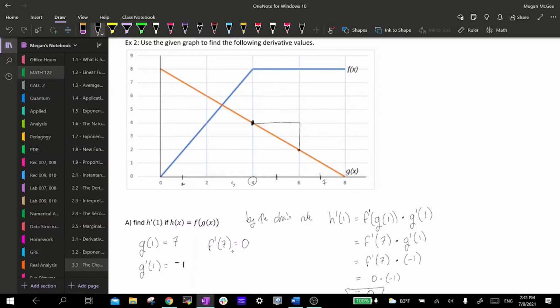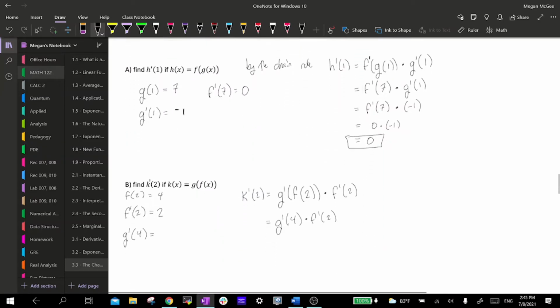So we have 2 over 2, which just gives us 1, but of course it's negative. So we have -1. So we end up with -1 times 2, so -2 is our final answer here. Alright, so that's how we can calculate some chain rule derivatives just by using a graph.